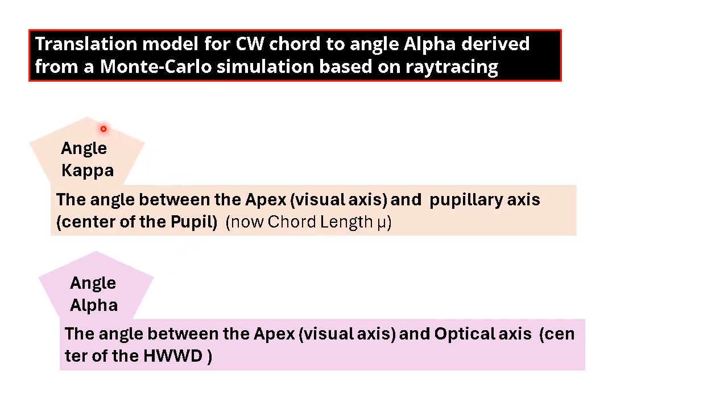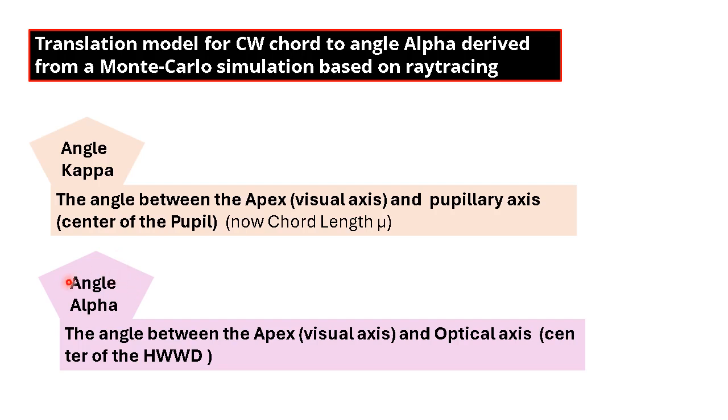Especially in LASIK, people with a large angle kappa usually end up unhappy with refractive surprises and complain of halos, especially hypermetropic patients, in whom the center of ablation will be displaced. The normal angle kappa is around 5 degrees, and it gets larger in people with hypermetropia.